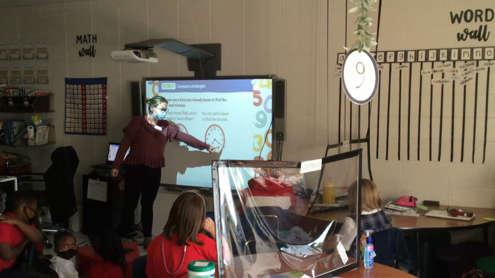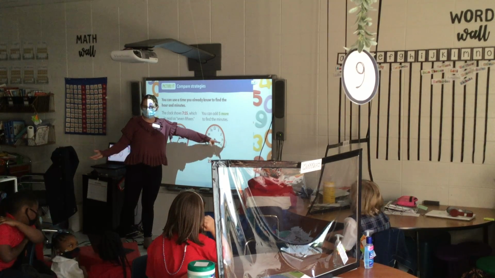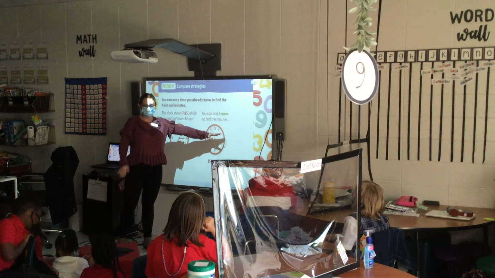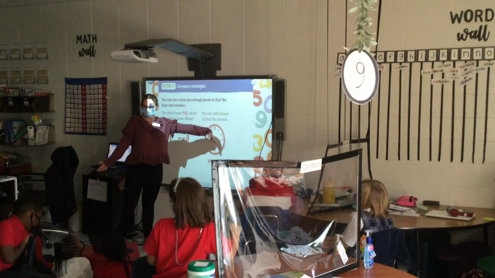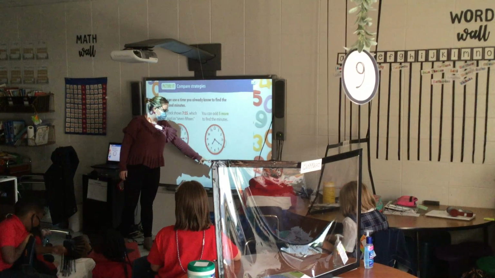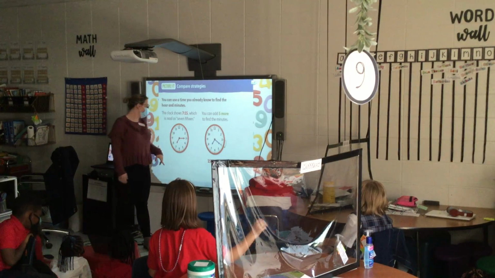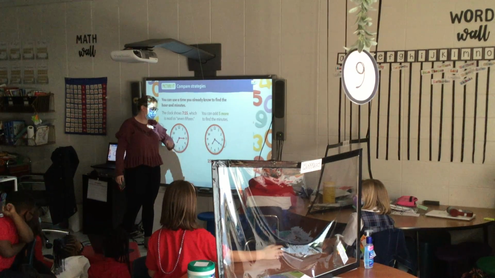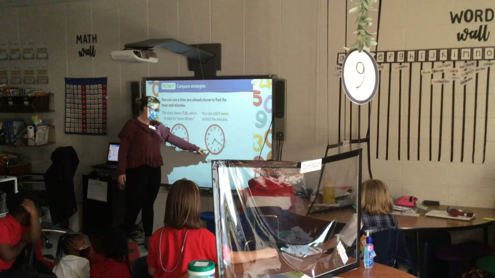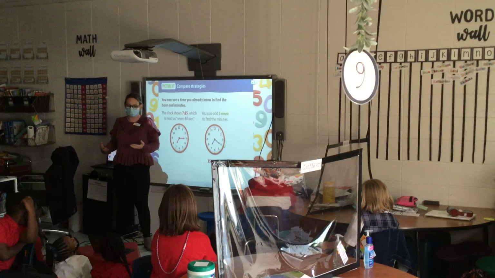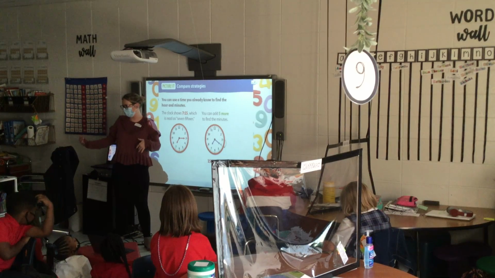Skip counting up by 5 gets us to 15. Skip counting by 5. 15, 20. So 15 plus 5 equals 20. And we know, even though it isn't pointing directly at 7, because it's after 7, it's in between 7 and 8, it still means it's within the 7th hour, or hour 7.